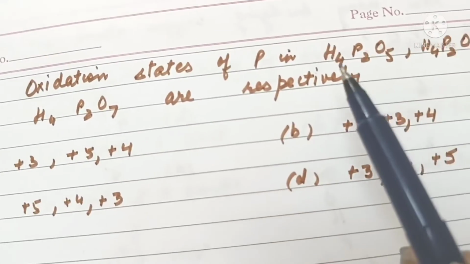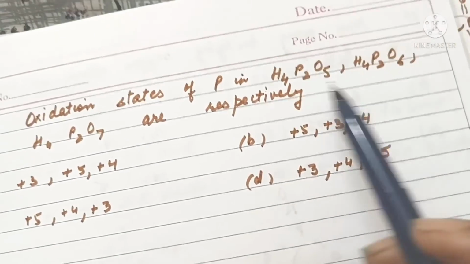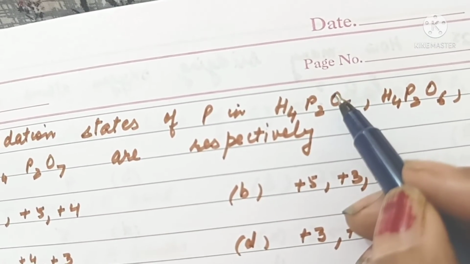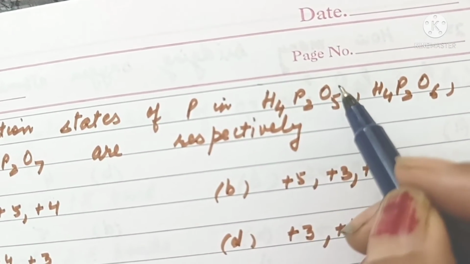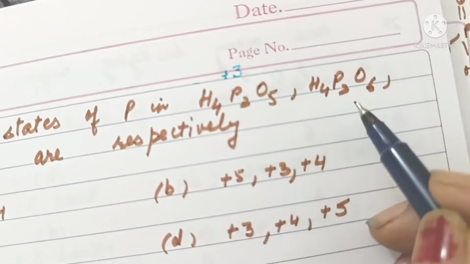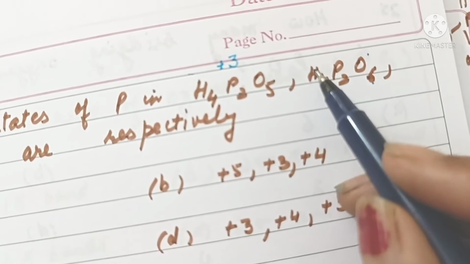Oxidation states of phosphorus in H4P2O5, H4P2O6 and H4P2O7 are respectively. So, this is 5 into -2, -10. This is +4. So this is -6 divided by 2. This is +3. H4P2O6 is -12.